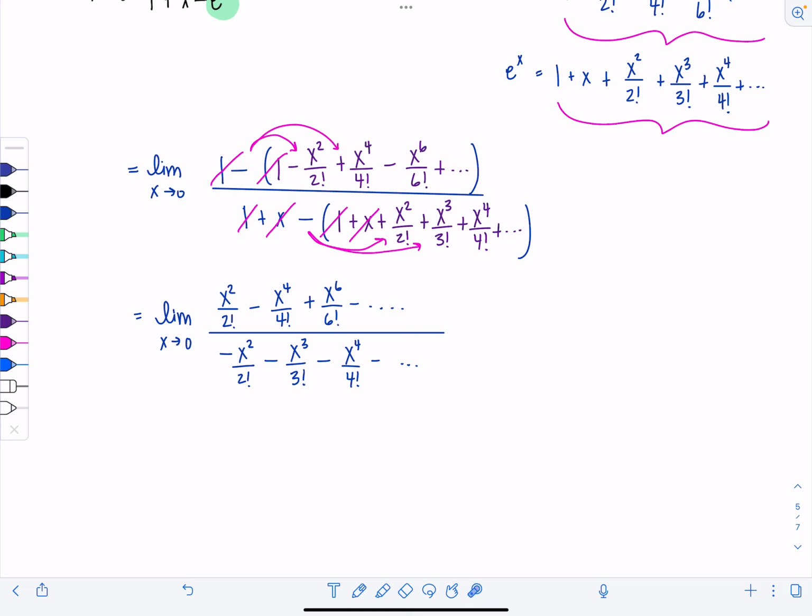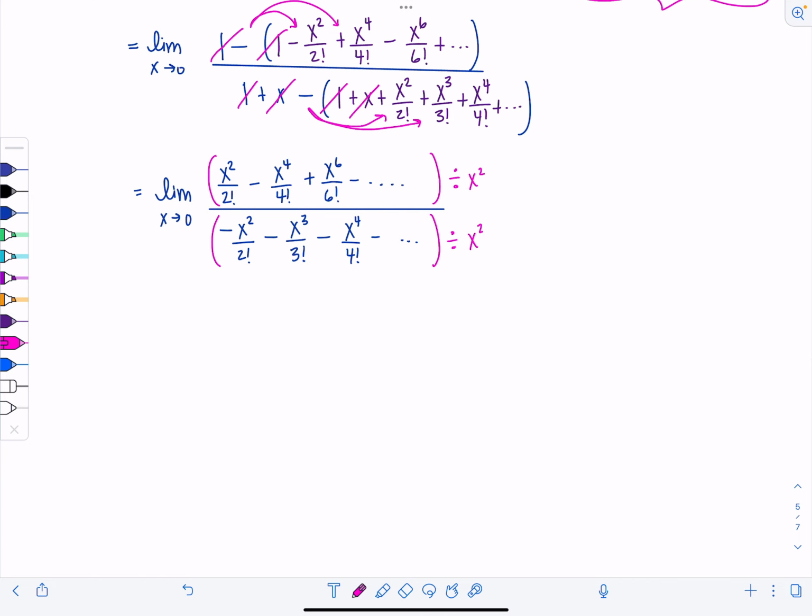I can't take out any more than x squared from these two terms, so that's what I'm going to divide everybody by. Not the highest power of x in the denominator; you only do that for limits that go to infinity. In this case, I'm just going to cancel out the GCF. It's kind of like the lowest exponent, even though it is the greatest common factor. That's the biggest I can take out from everybody, which happens to be the smallest power on x. I know math terminology can be confusing.